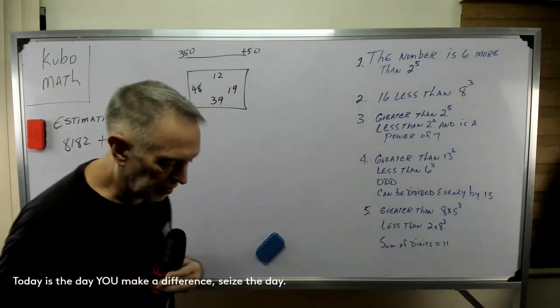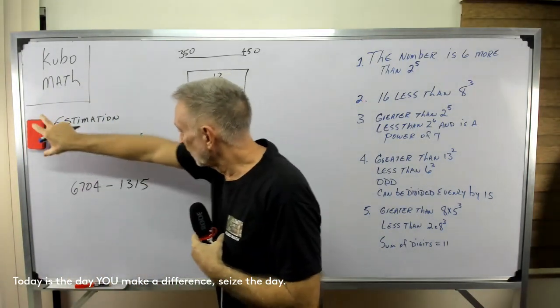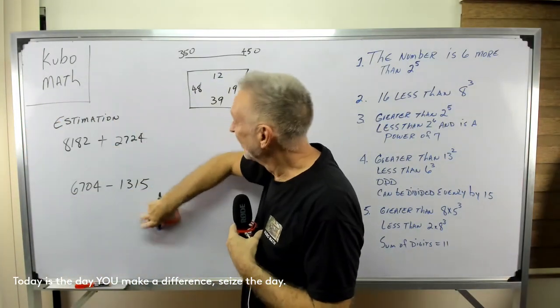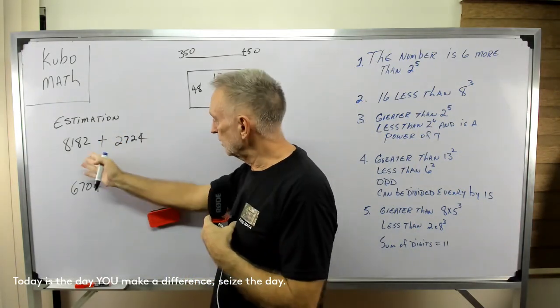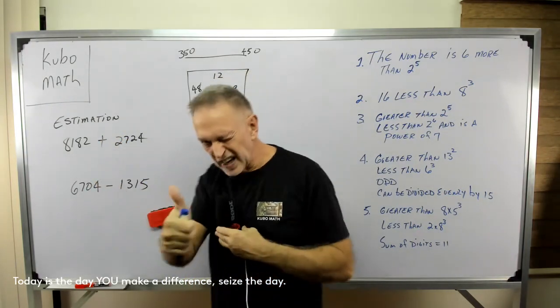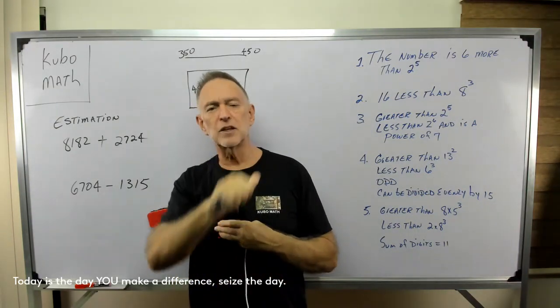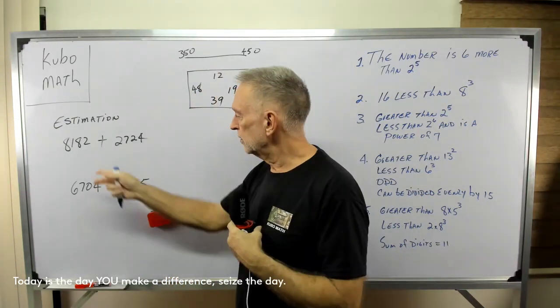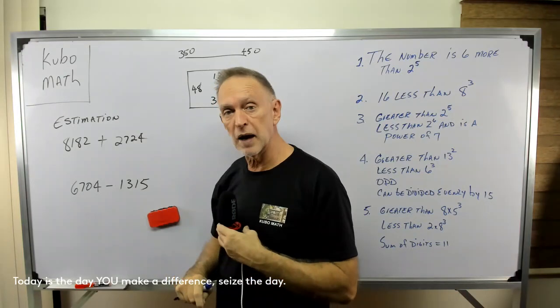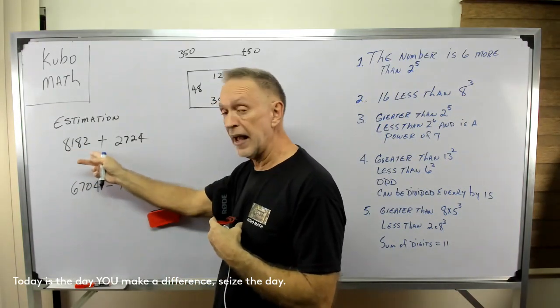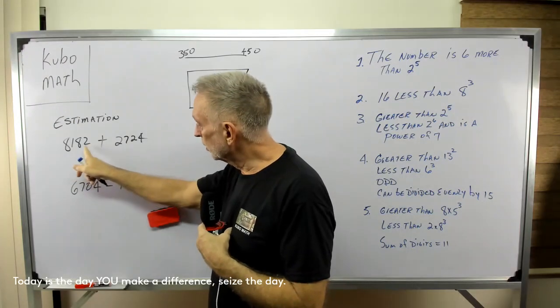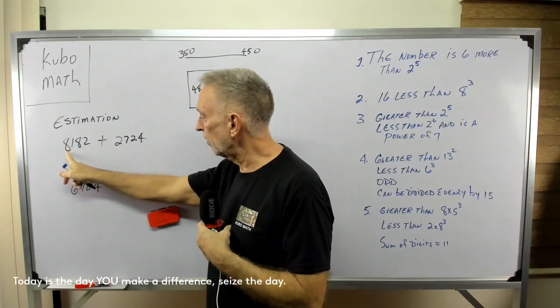Okay, we have a problem here. We're talking about estimation, and in this case they wanted you to take a quick estimate of the sum of these two numbers. They wanted to round to the nearest thousand: ones, tens, hundreds, thousands.